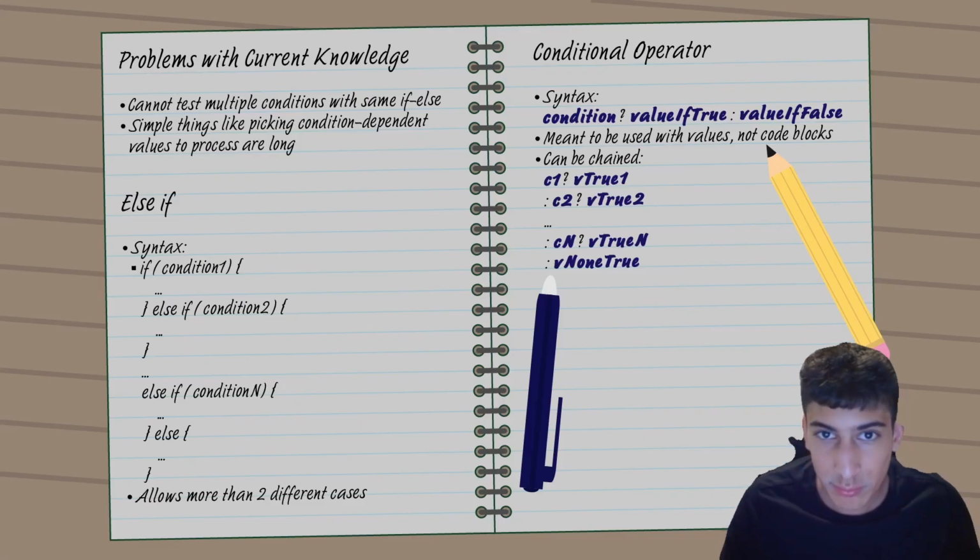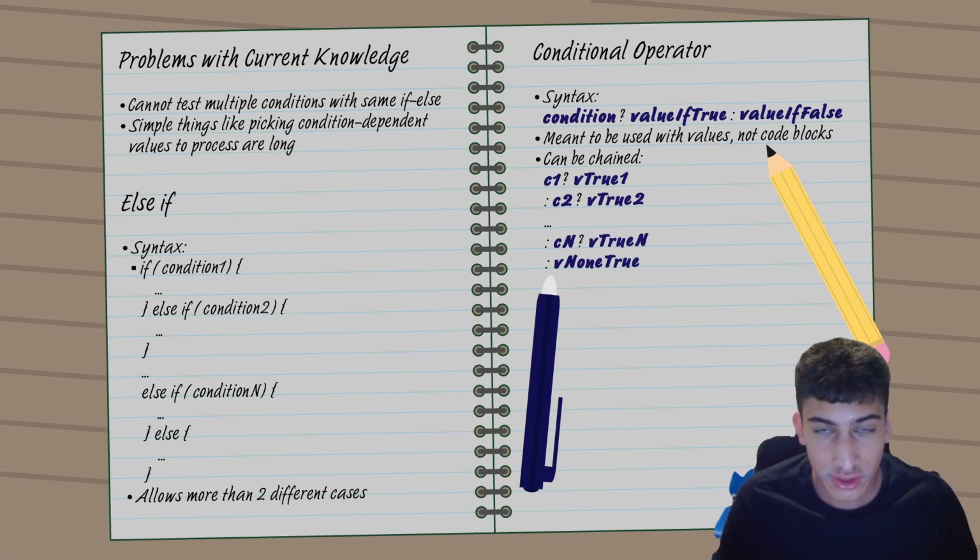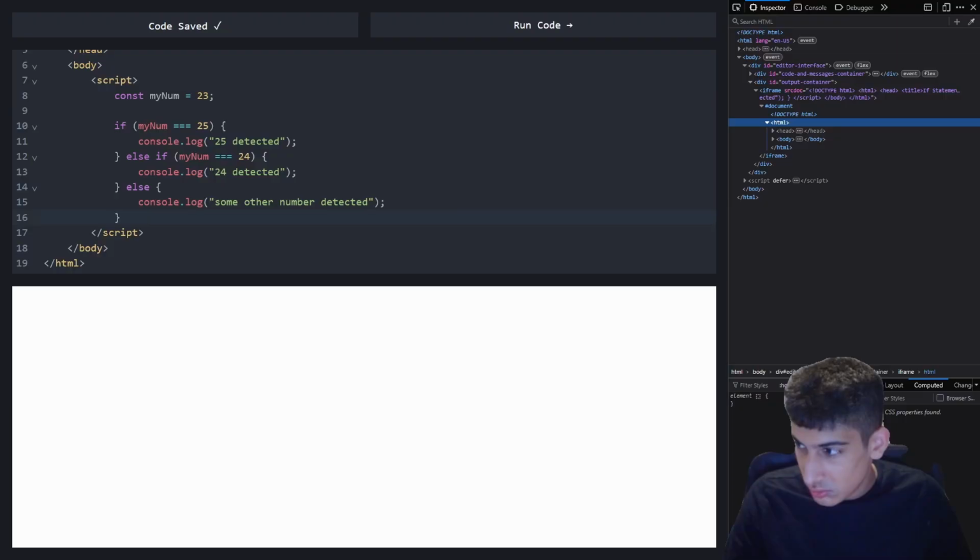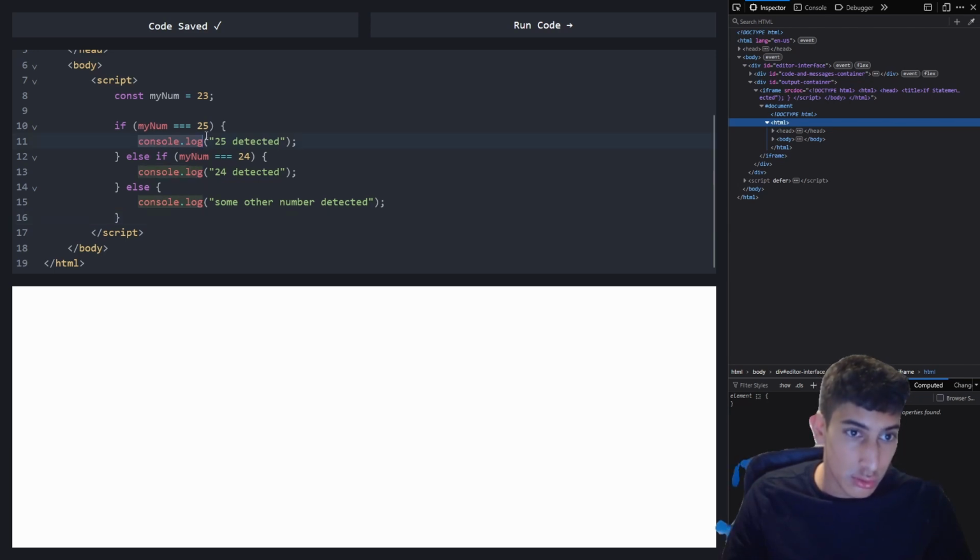The next concept we'll be going over is called the conditional operator. And it's basically the if statement but simplified and for values only, not full blocks of code with many statements. What this allows us to do is simplify things like these, which all log a differing string to the console.